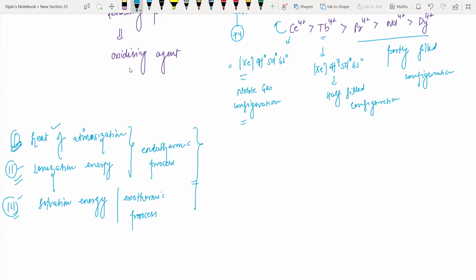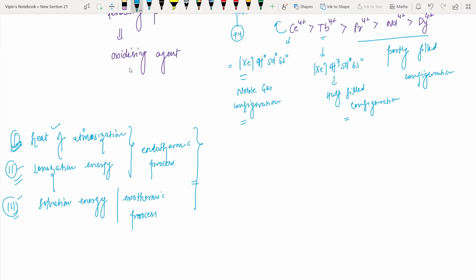Here I am writing the stable configuration, half-filled configuration, to make it easier, right? But predicting the stability of oxidation state by knowing the stable, half-filled or full-filled configuration is not always true. I am repeating it again: explaining the stability of any oxidation state only on the basis of stability of configurations is not always true. It is true when we have the knowledge of heat of atomization, ionization energy, and solvation energy, and all these parameters are experimental.